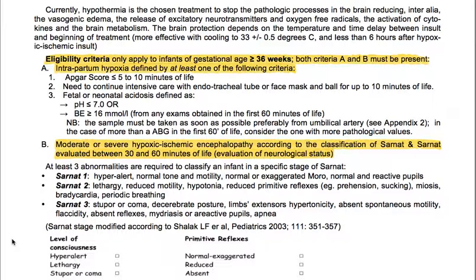Sarnat 2: lethargy, reduced motility, hypotonia, reduced primitive reflexes, such as prehension and sucking, miosis, bradycardia, periodic breathing. Sarnat 3: stupor or coma, decerebrate posture, limb extensor hypertonicity, absent spontaneous motility, flaccidity, absent reflexes, mydriasis or non-reactive pupils, and apnea.